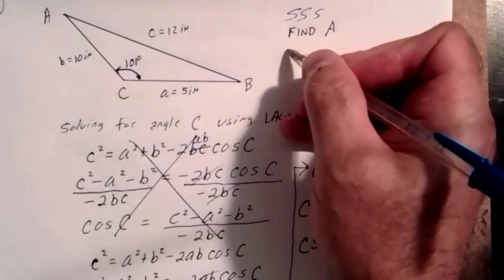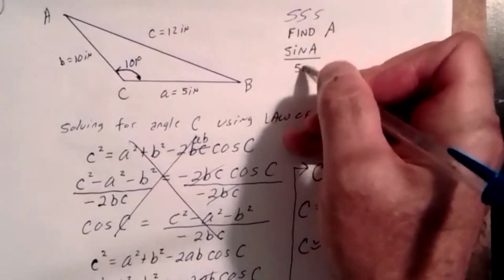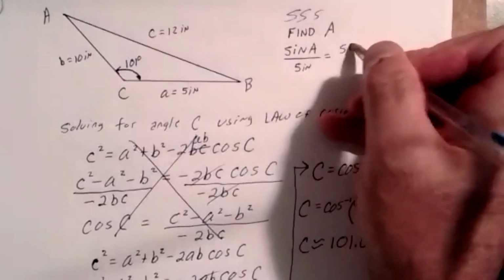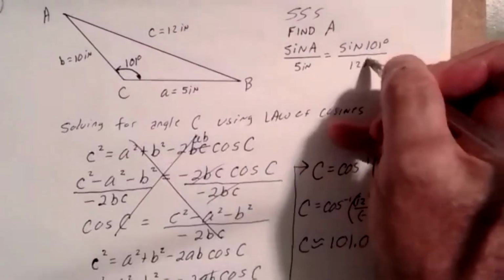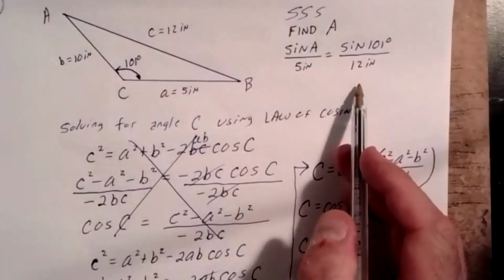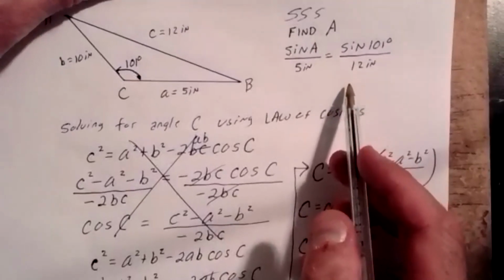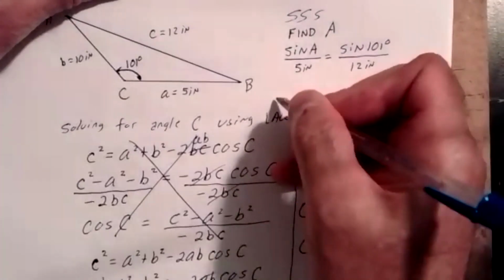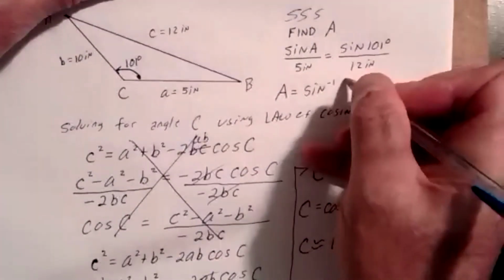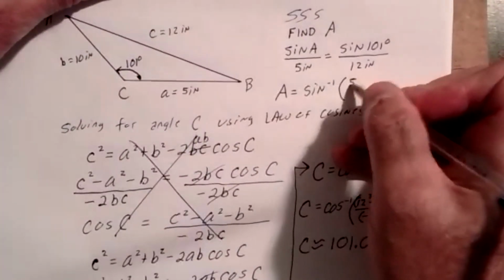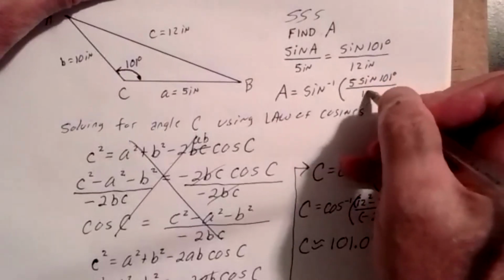Let's set up a proportion: the sine of angle A is to side A, which is 5 inches, as the sine of angle C, which now we know is 101 degrees, is to side C, which is 12 inches. Now we can find angle A. Cross multiplying, equating the cross products, taking the inverse sine of both sides of the equation, to make a long story short, angle A will be equal to the inverse sine of 5 times the sine of 101 divided by 12.